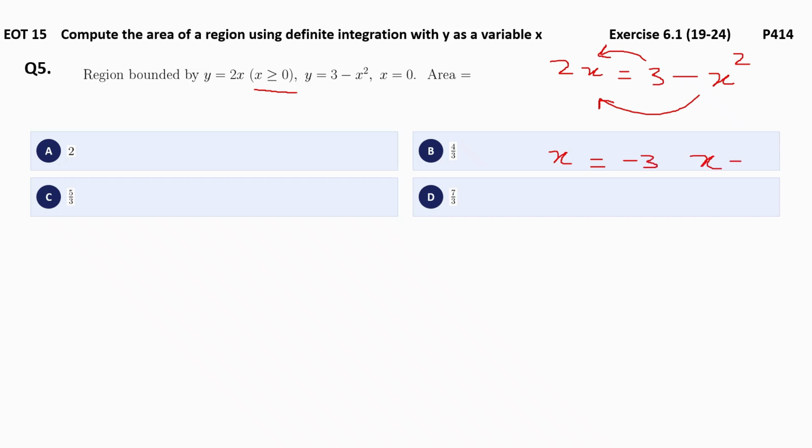But -3 is not acceptable. Why? A constraint x greater than or equal to 0 is given. So we will restrict our limit as 0 to 1. When you subtract the expression 3 minus x square minus 2x dx, you get your answer as, very good, 5/3. And it is option C.